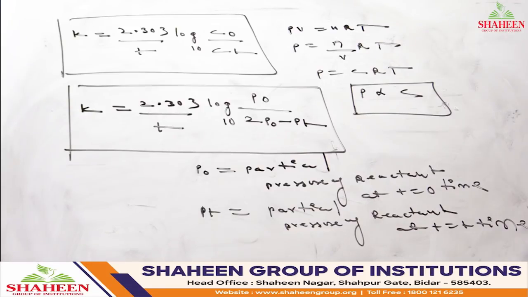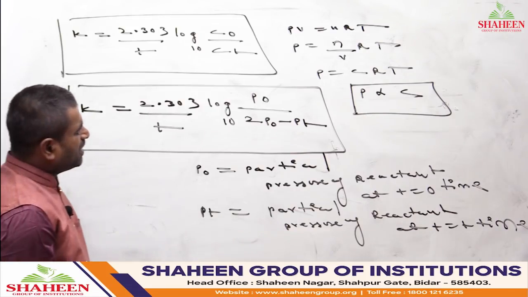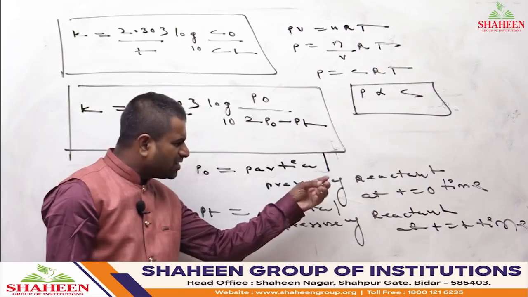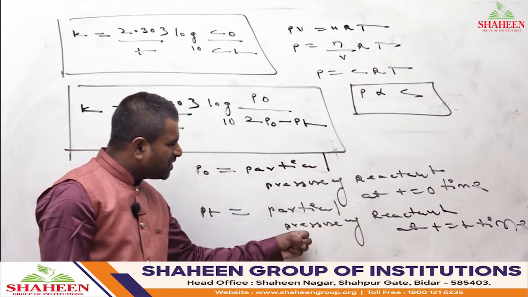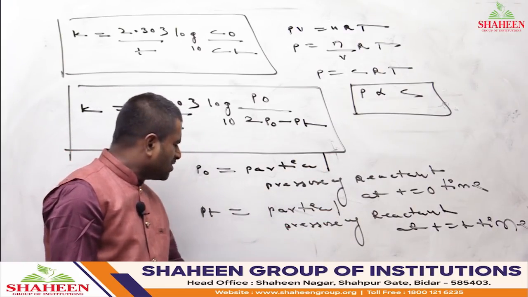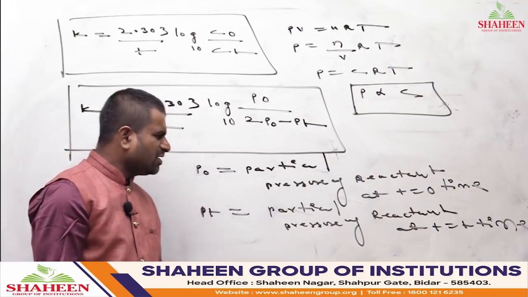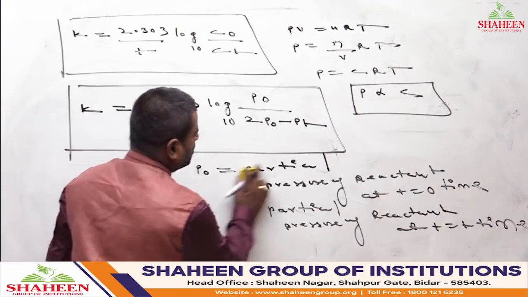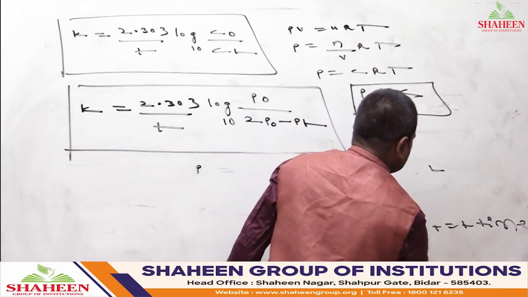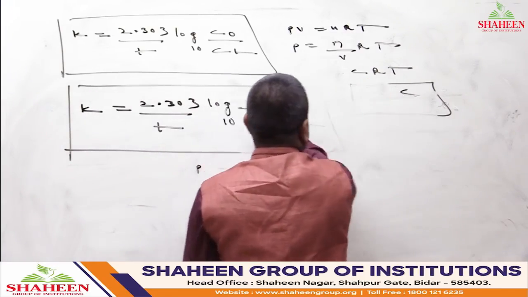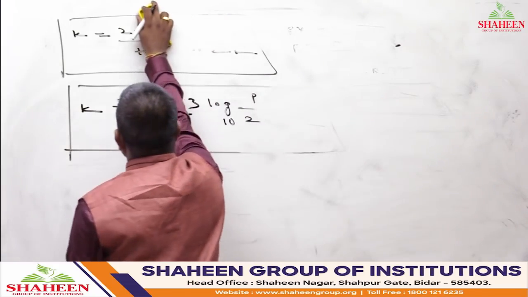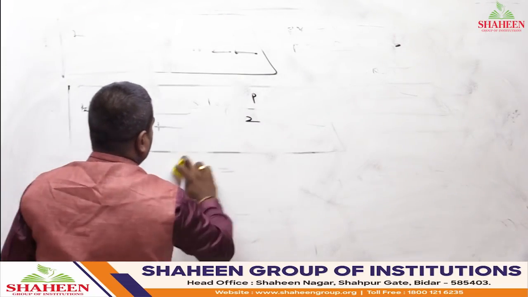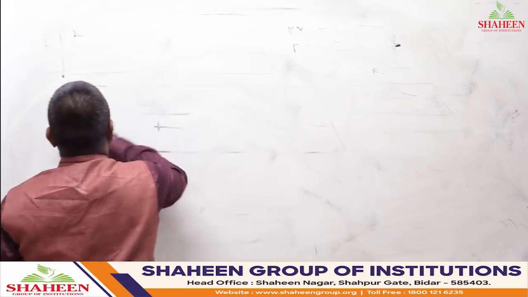Remember students, P naught indicates the partial pressure of the reactant at T is equal to 0 time, and Pt indicates the partial pressure of the reactant at T is equal to T time, or the P total value. This is the integrated rate equation for a first order reaction in gaseous phase.